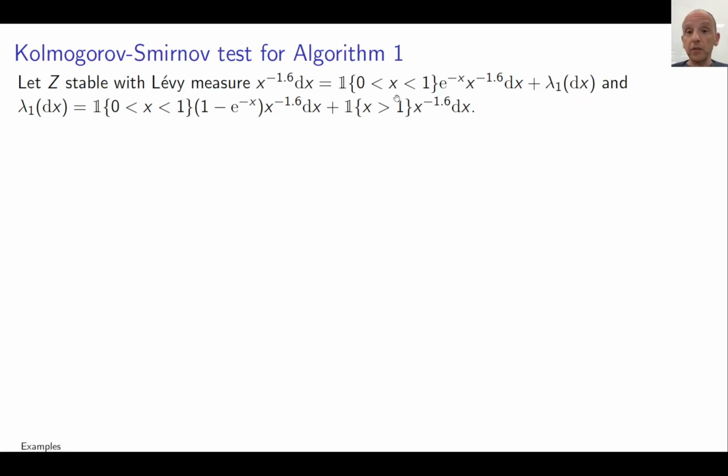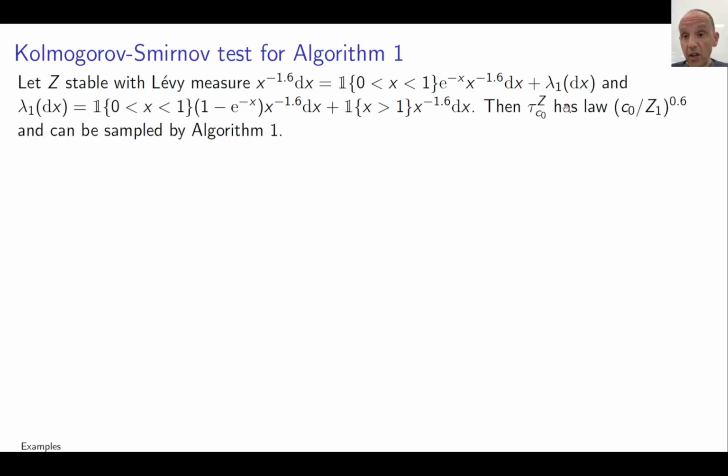This compound Poisson process, for x greater than 1, has to be exactly stable-like, and between 0 and 1 it has to be of this type, which is integrable at 0. Then one knows in this case the law of the crossing time, because if the level is constant, the law of the crossing time is the same as the law of this random variable, where Z1 is just stable. And so one can, of course, sample it directly.